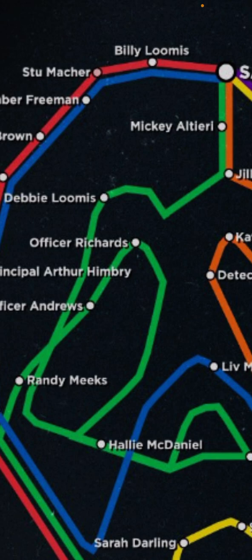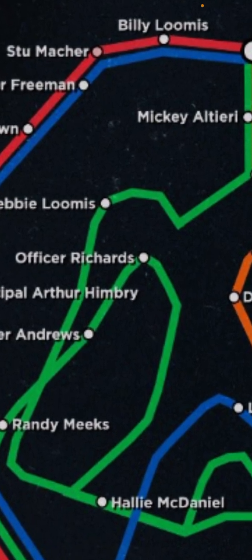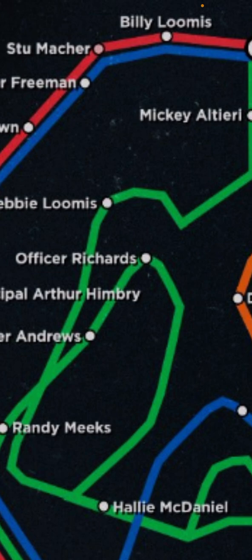But when it comes to this specifically, with Stu Macher's name being highlighted in red and everyone else being highlighted in white, this could be done purposely, marketing wise, because they know that the Stu fans will get all riled up with these theories, and they'll go crazy, and they could just be trying to troll the Stu fans.